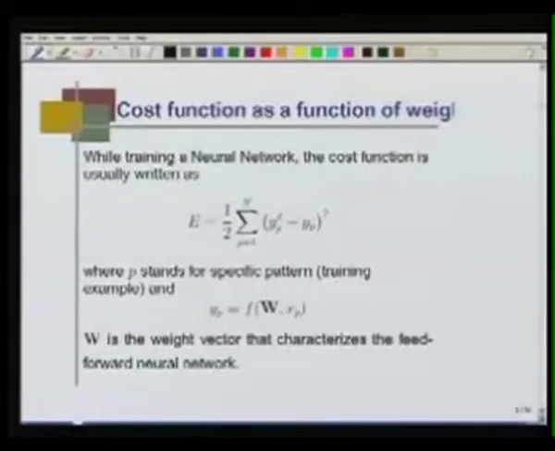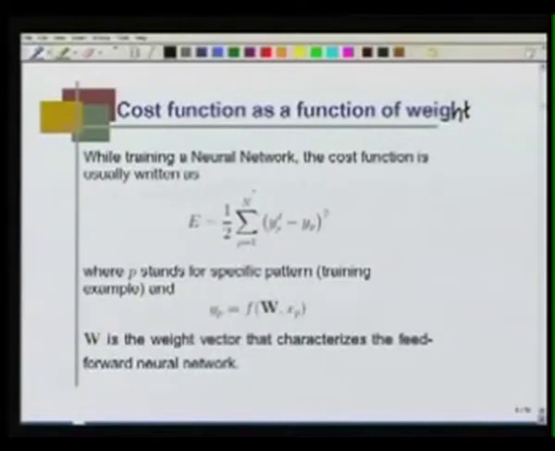So, cost function. Normally a cost function is a function of the weight. While training a neural network, the cost function is usually written like this, where this is your desired output, this is your actual output predicted by the neural network, and P stands for pattern.